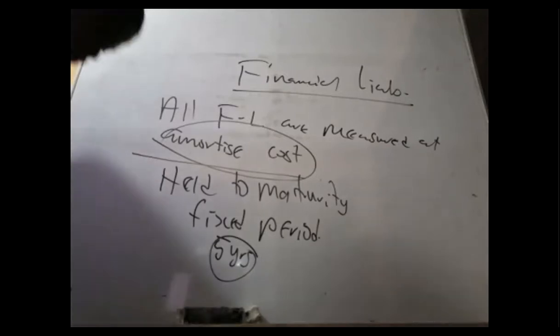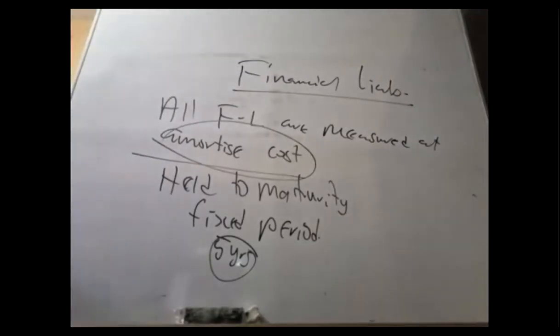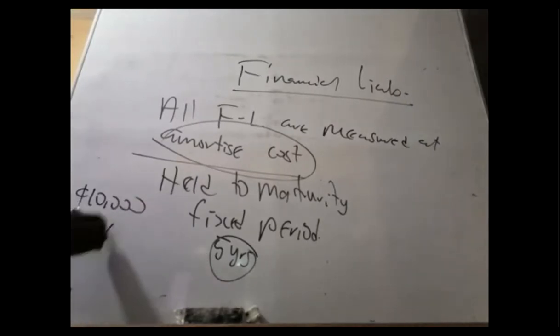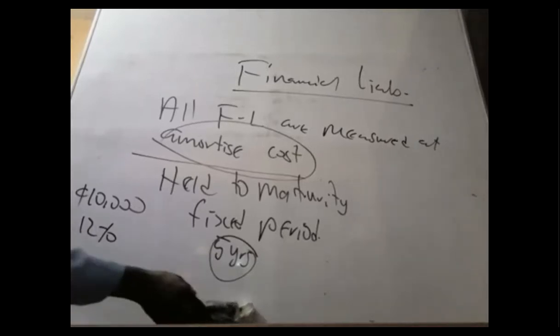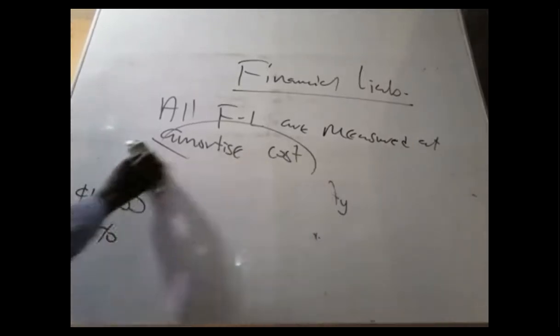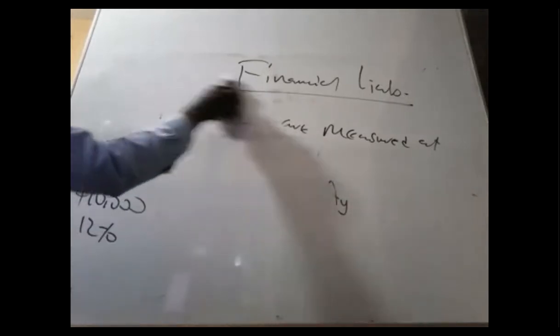So let's assume that we come for 10,000 cedis from a bank, paying interest at the rate of 12% for 4 years. It means that we are going to hold this one till it matures.